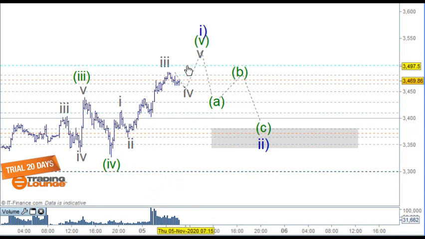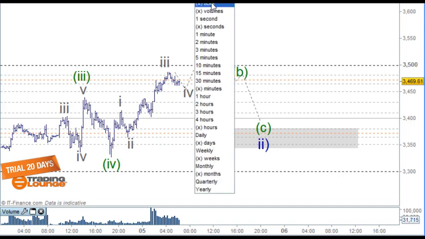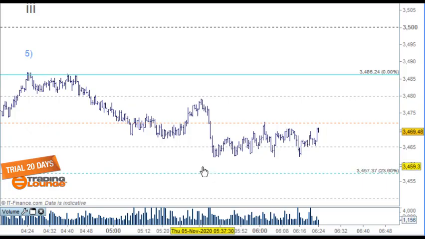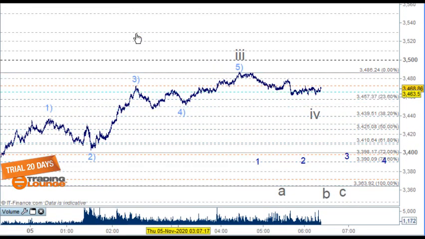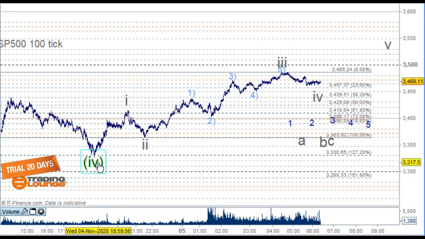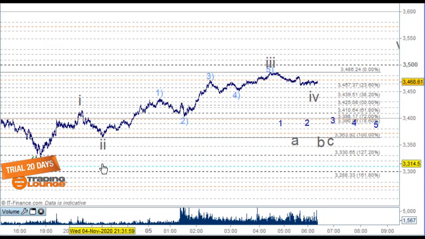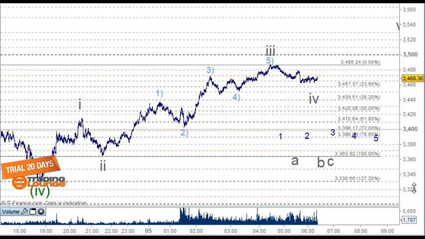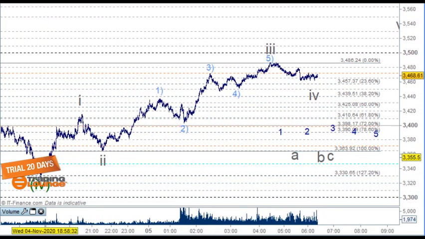We can look at wave 4 to wave 5 here on the tick chart just to get a bit more detail on that. So from wave 4 here is 100 ticks. We've got a nice impulse wave here for wave 1, ABC for wave 2, and then we need to consider all of this as wave 1, 2, 3, 4, and 5 here.